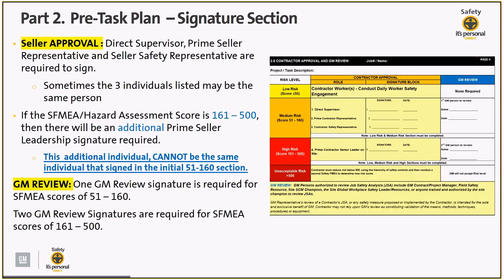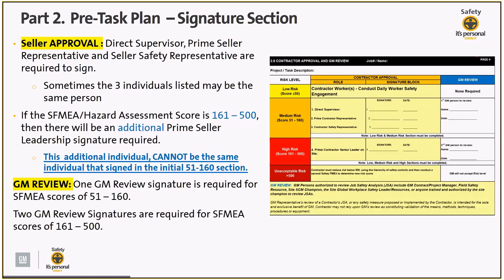If the safety FEMA or hazard assessment score is 161 to 500, there will be an additional prime seller leadership signature required. Keep in mind, the secondary signature for high-risk task is an additional individual. It cannot be the same individual that signed for the 51 to 160 section that's orange and medium here.